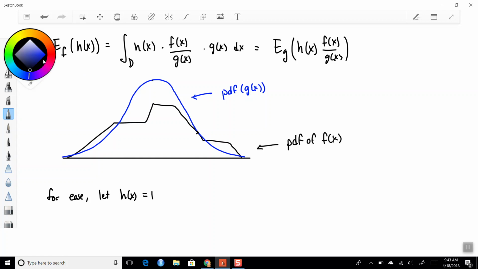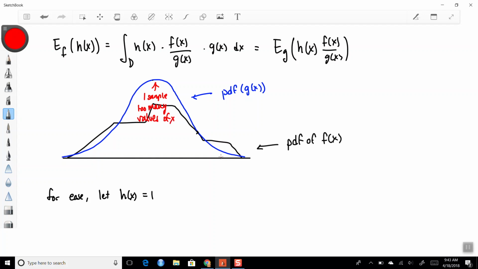And so here, I sample too many values of x. Okay, and over here, I sample too few values of x.